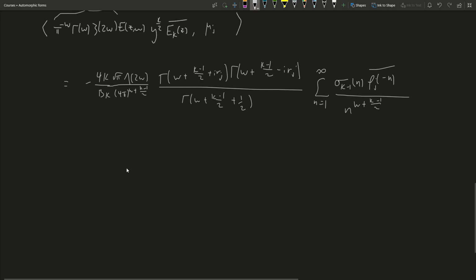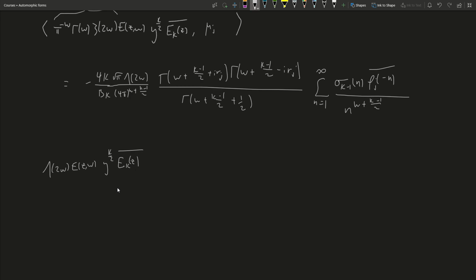And the reason why this is all the same so far, and the reason we're going to get a difference for the last one, is because of the Fourier expansion of the function that we're taking this inner product with. So here I'm going to write it: lambda of 2w, E of z, w, y to the k over 2, E_k of z, complex conjugate.